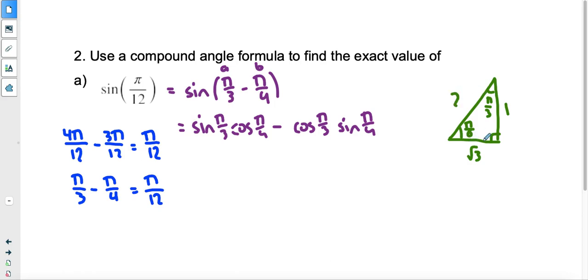Okay, if we use our special triangle, we'll see sine, opposite over hypotenuse, is equal to root 3 over 2. To find cosine of pi over 4, we'll need to use our special triangle for the angle pi over 4.